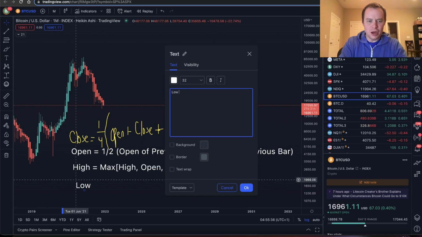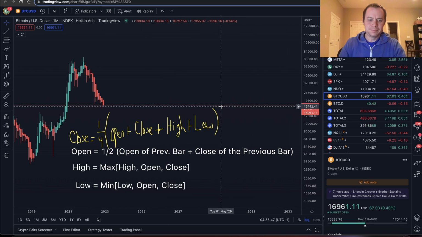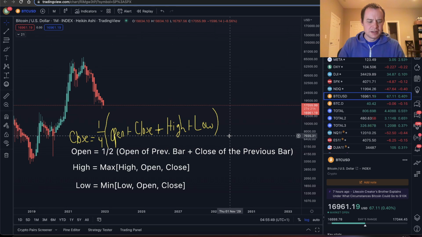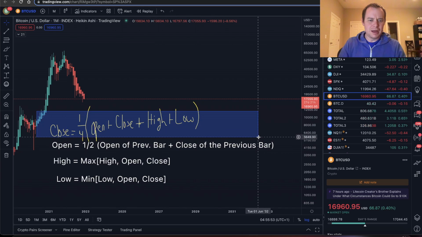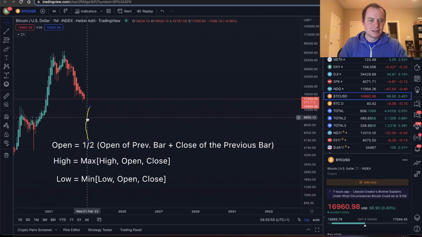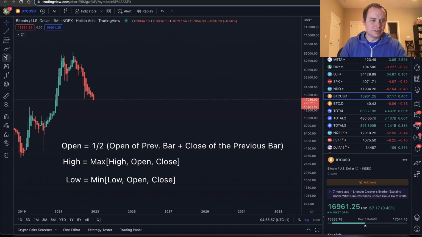And then we also have the low, which in a similar fashion is just equal to the min of the low, the open, and the close. Okay, so we have these three things, and just for the sake of it, I will rewrite this one so it looks a little bit cleaner.